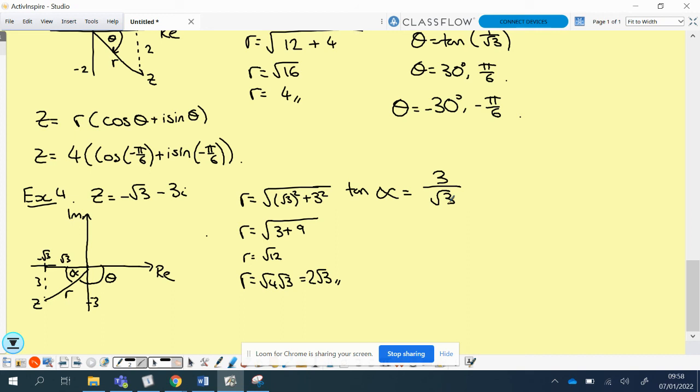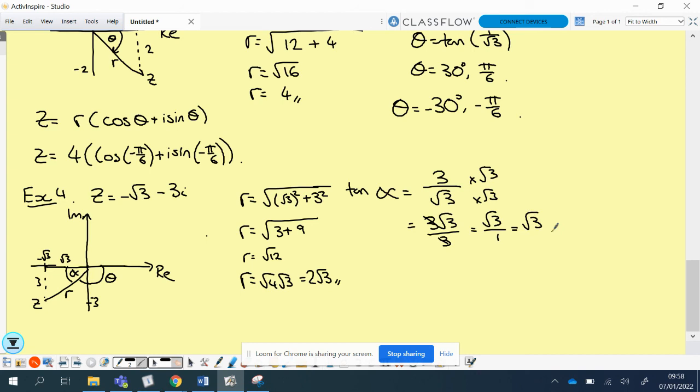Do you remember that? Yep. So if you times both by root 3, you get 3 root 3 over root 3 times root 3, which is just 3. The 3's cancel, so you get root 3 over 1, which is just root 3.